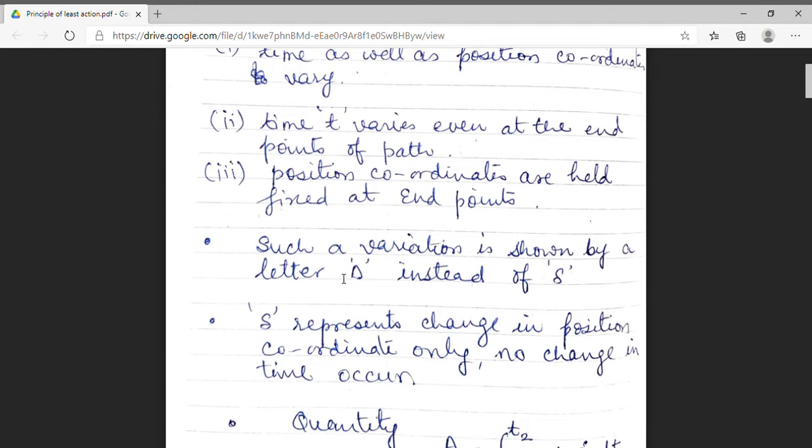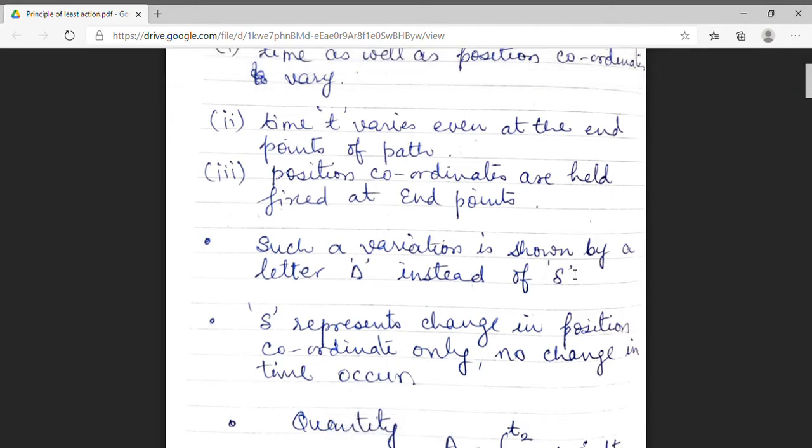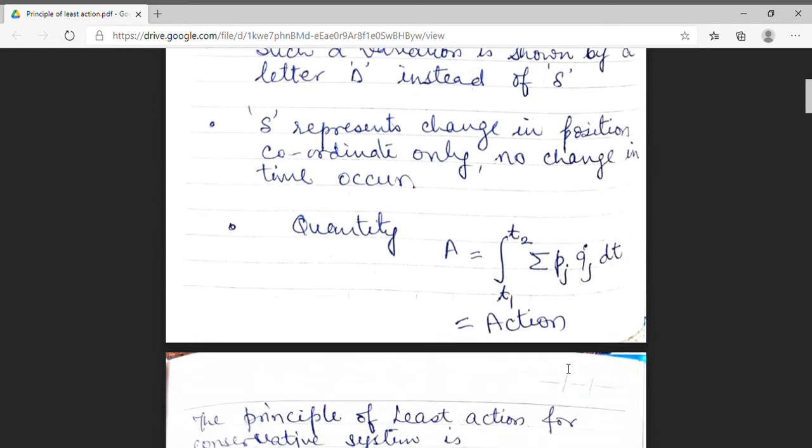This del represents the change in position, but in this there is no change in time. I am defining a quantity which is termed as action. It is defined as A equal to integral T1 to T2 summation Pj Qj dot dt. This is action A.